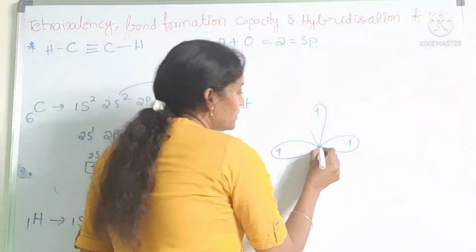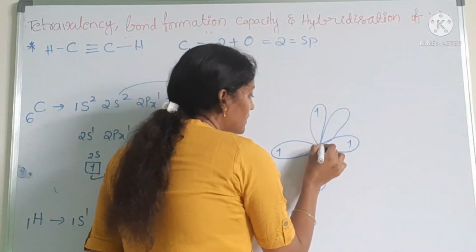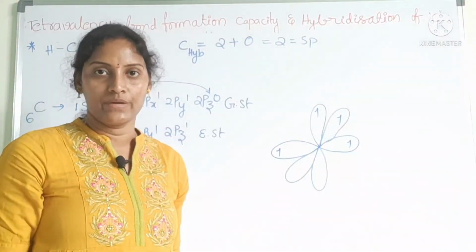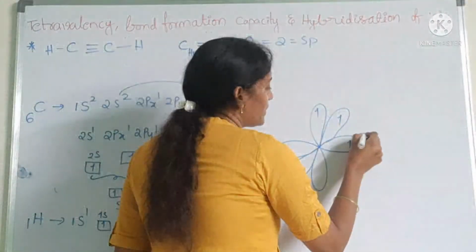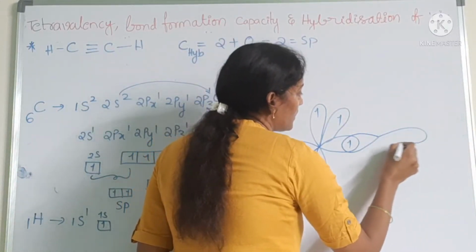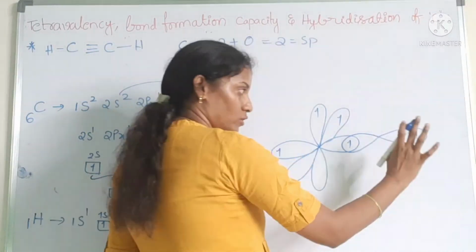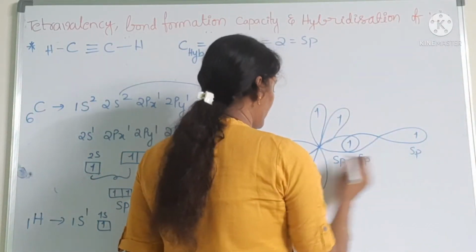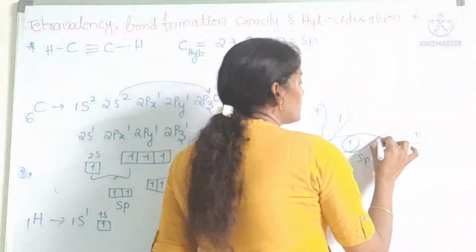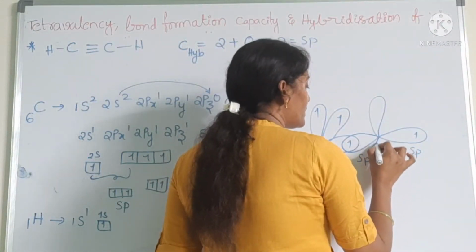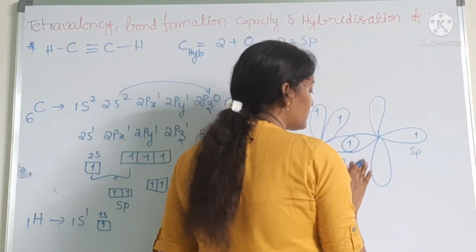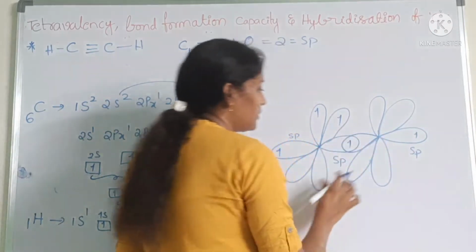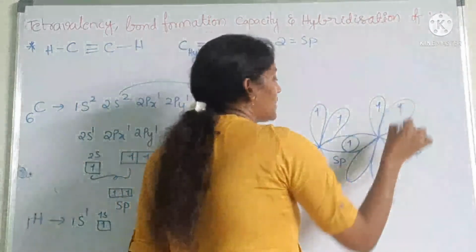And this one is another unhybridized p orbital present in that carbon. Coming to the other carbon, these two are the hybridized sp orbitals. See, sp. This is also sp. This is the unhybridized p. This is the other unhybridized p. Each one possesses a single electron.